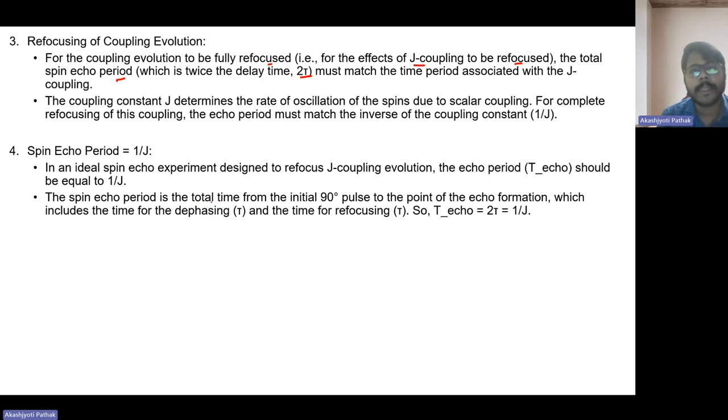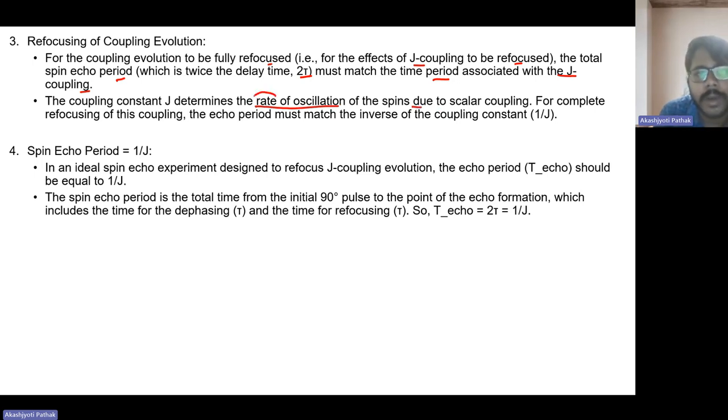And it must match the time period associated with the J coupling. So the coupling constant J determines the rate of oscillation of the spins.